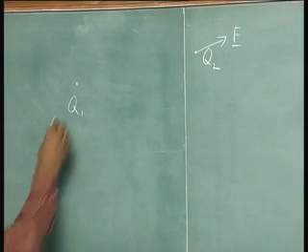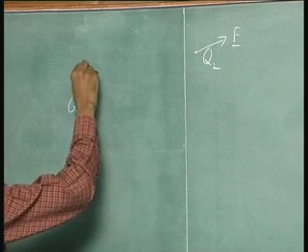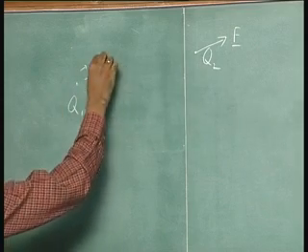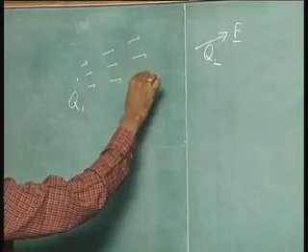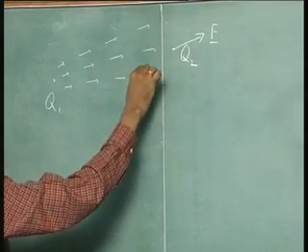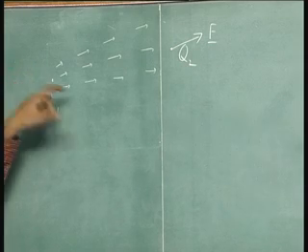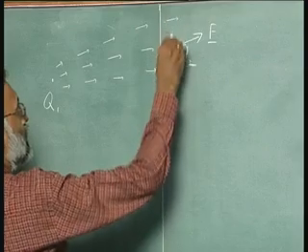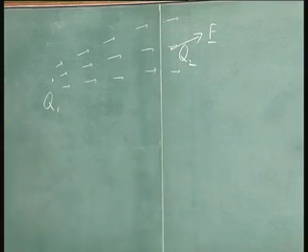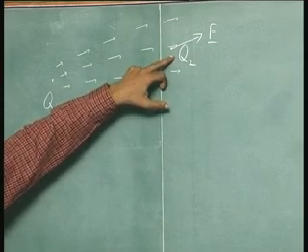You could say that the presence of this charge has polarized this material that's around this charge. That is, the material in the presence of this charge has actually got stressed a little bit. Because of that stress, any time you place a charge there, that charge receives a kick, and that kick is what we call the force.